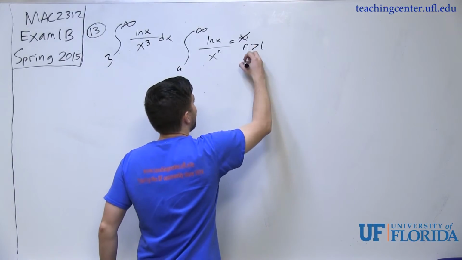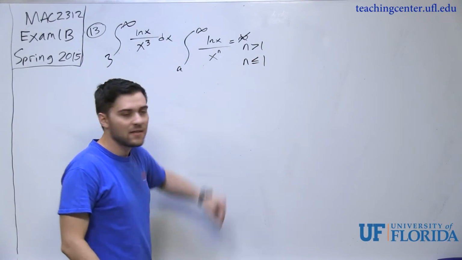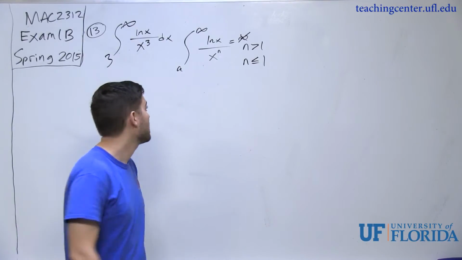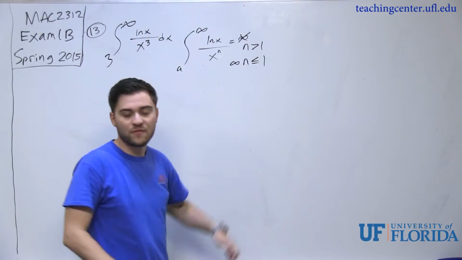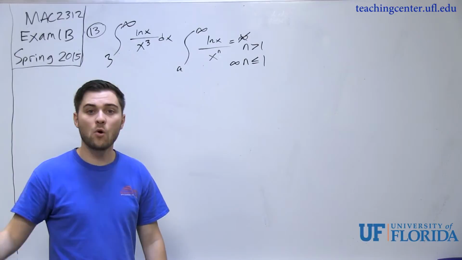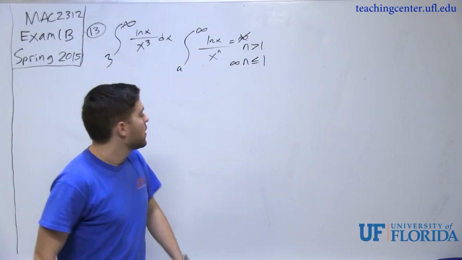However, if n is less than or equal to 1, this integral is divergent, which means that it does come out to infinity. So it would come out to infinity for this, and it would not come out to infinity for anything n greater than 1. So it can be n equals 1.001, still would be convergent.